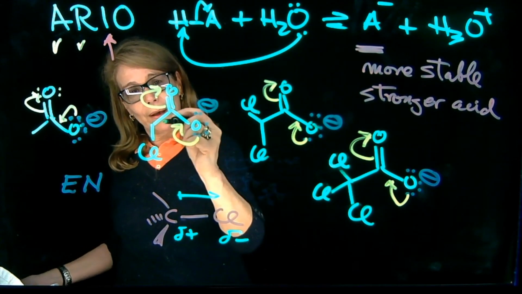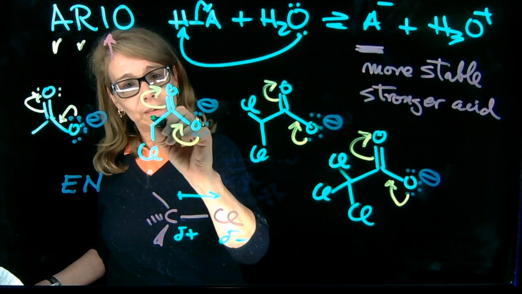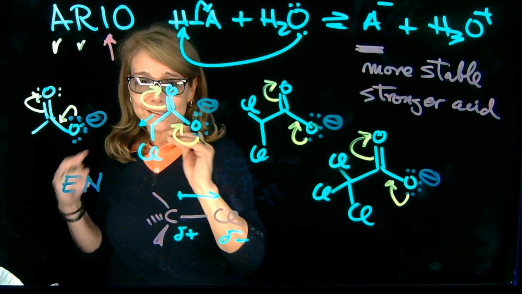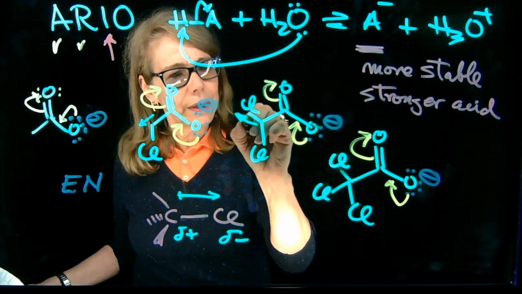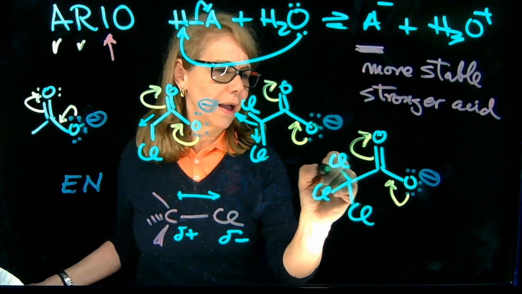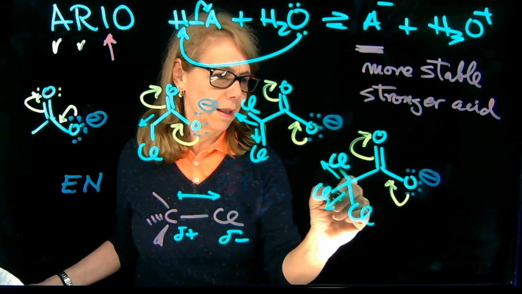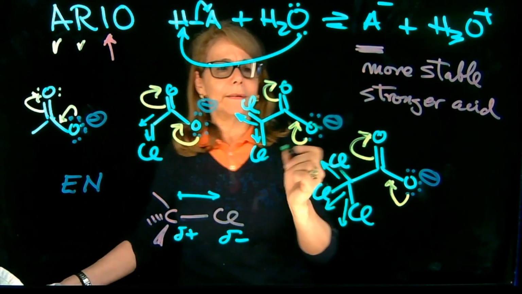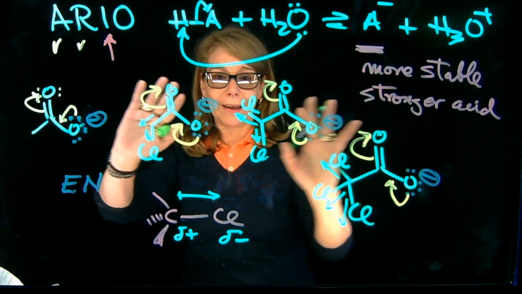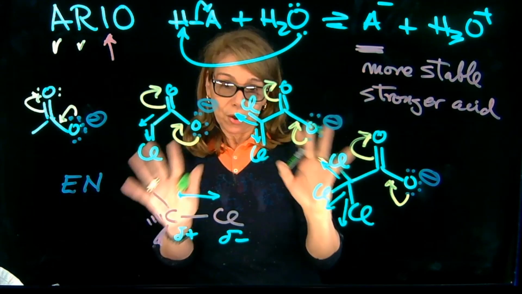So chlorine is pulling electron density away from the reaction center here. And here I have 2 chlorine atoms, and here I have 3, pulling electron density away. And the more I pull electron density, the more that helps disperse those electrons.